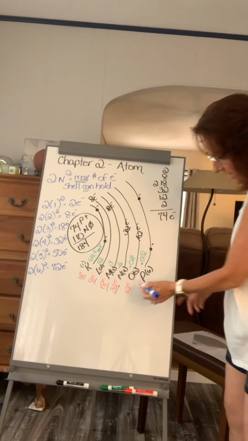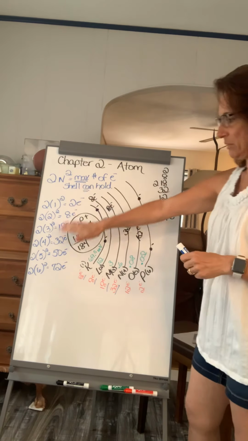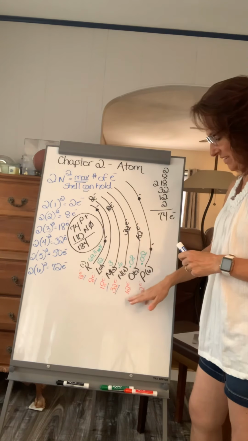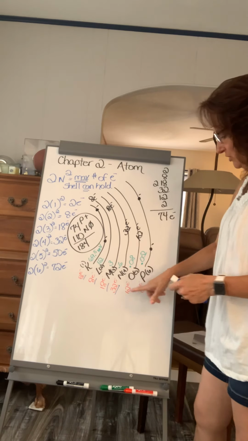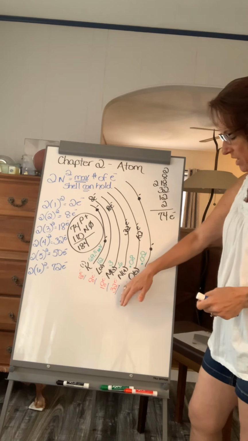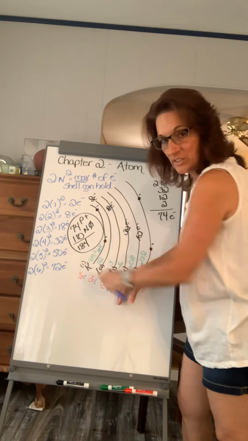All right, and we only have 12 and 2. Now why the difference? Because this is the maximum number that it can hold. This is how many it's holding. If we took 14 away from 74, right here we're at 60. So we don't have 50 to put here.